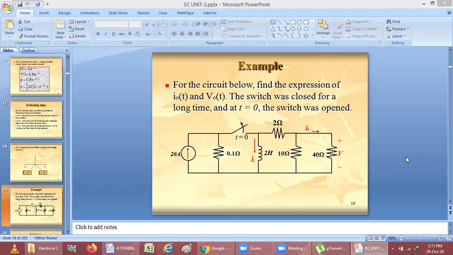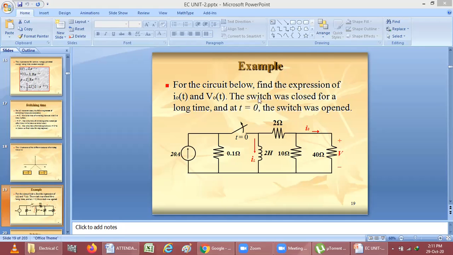So in previous session already we have studied the example on the RL and RC circuit. Now again I am revising the concept of how we have to derive. Here they have given the RL circuit. In this circuit only resistor and inductor are used, and they have given the initial condition also.